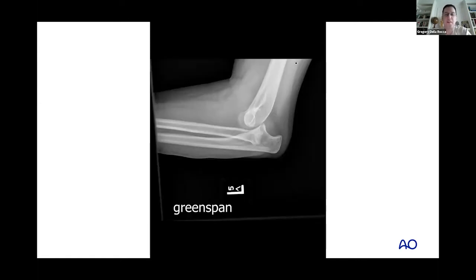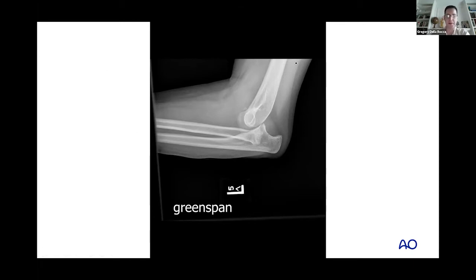So this is an attempted Greenspan view. As you can see, I would say it looks more like a regular lateral image. But I would say that this image gives you a lot of information. You don't even have to look at this image very closely to identify the empty greater sigmoid notch.